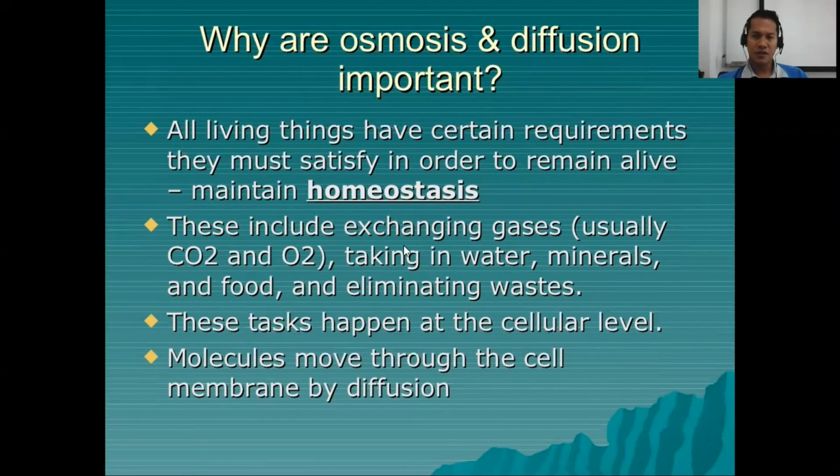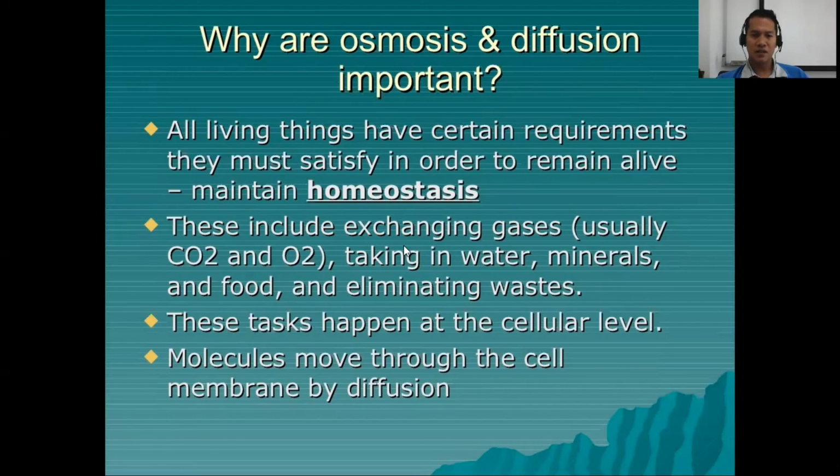And so in order for us to function normally, we need some minerals to go in and out of that cell in order for us to function well. Okay, and that is because of diffusion and osmosis as well.